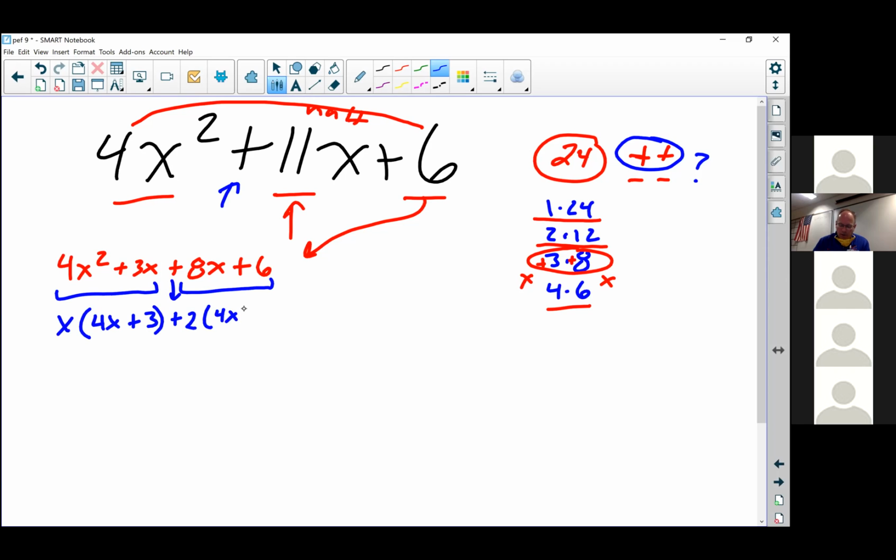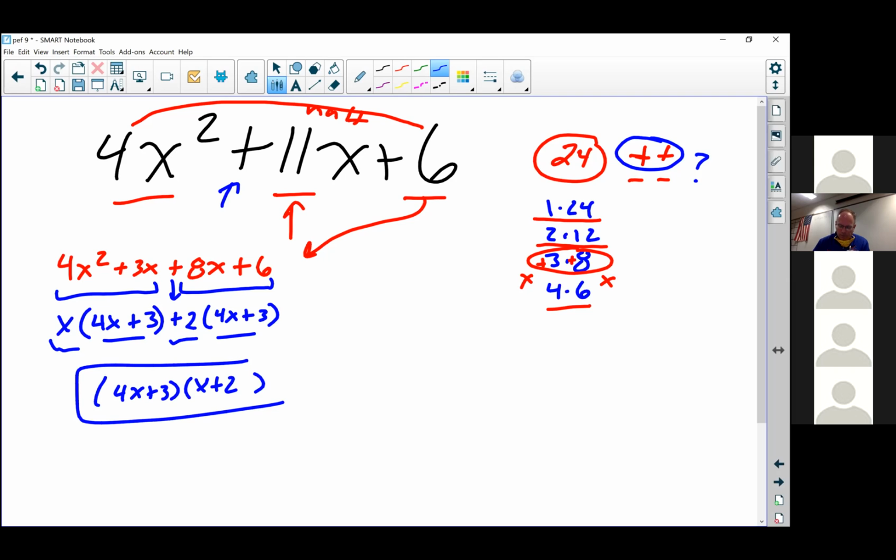And if I factor a 2 out of 6, that leaves me 3. Those are the same. That's what I want. And in the other set of parentheses, I put whatever I have left. And that's it. How do you feel? Seem okay?